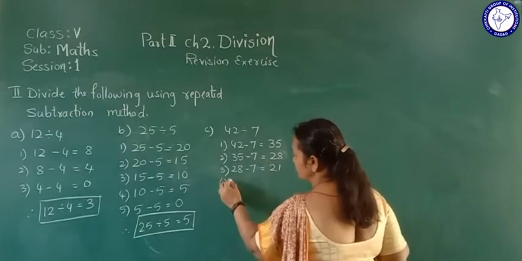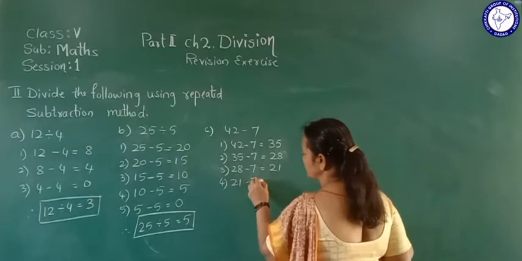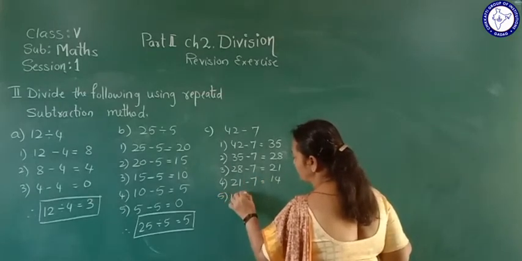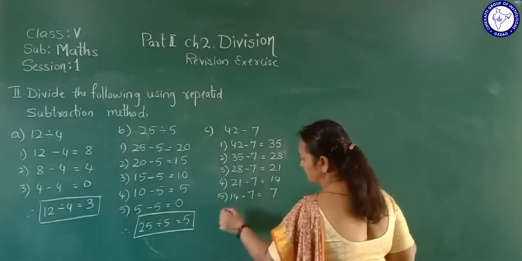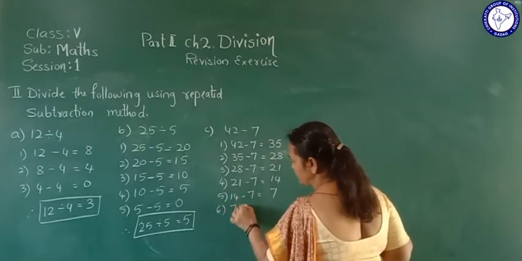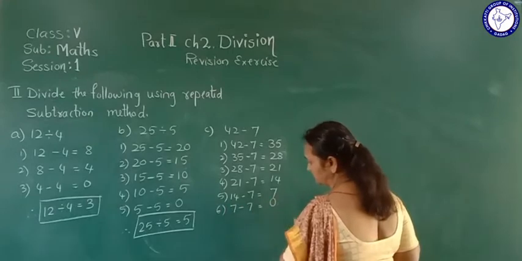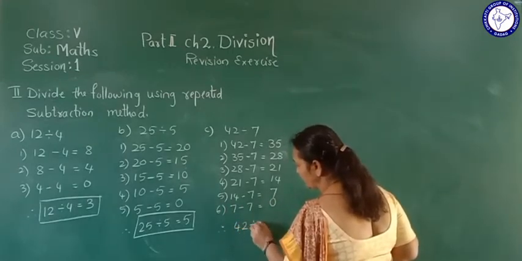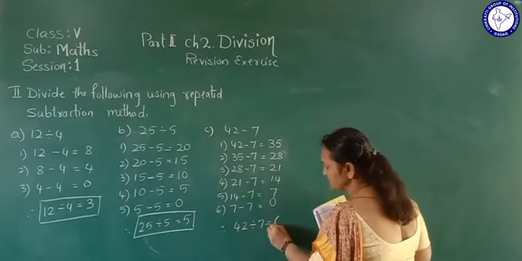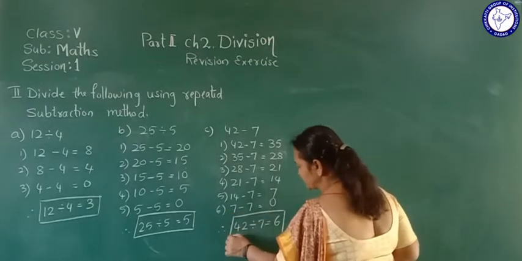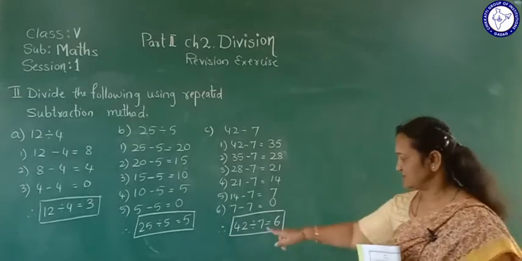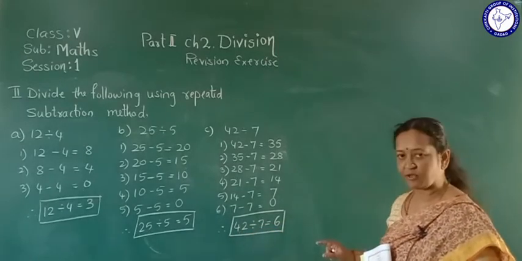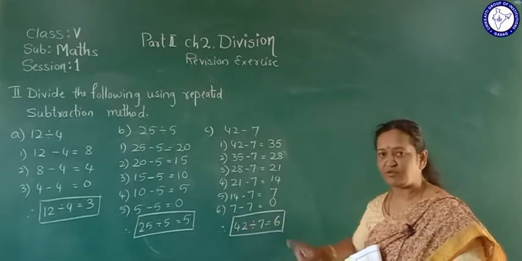Then fourth step, 21 minus 7 is 14. Then fifth step, 14 minus 7 is 7. And sixth step, 7 minus 7 is 0. Therefore, 42 divided by 7 is 6. Check here in the 7 table, we get 7 6s are 42. Okay, 7 6s are 42.